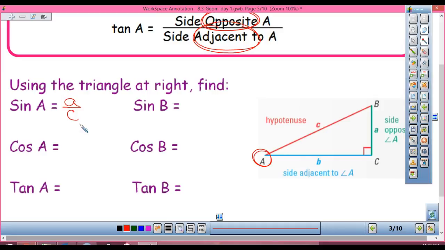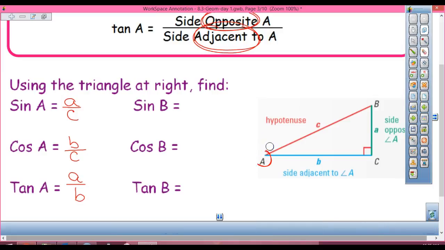What side is adjacent to A? B over our hypotenuse, which is C. Okay, and then our tangent is opposite, which is A, over adjacent, which is B. Good. Questions on what we mean by opposite and adjacent?